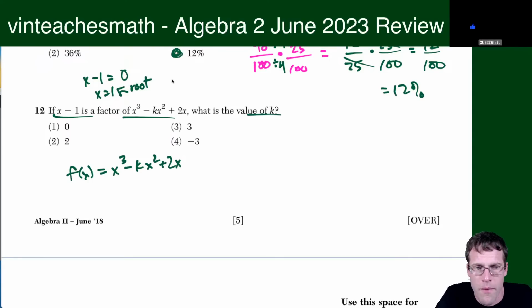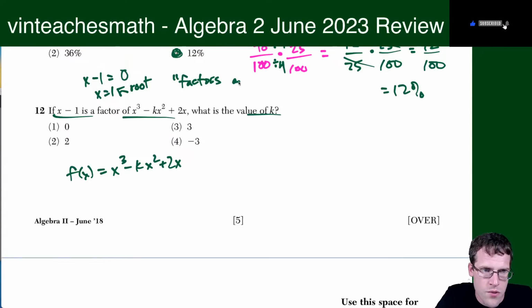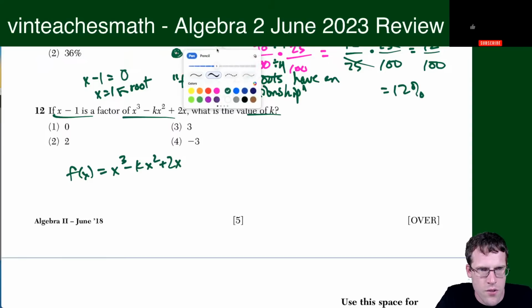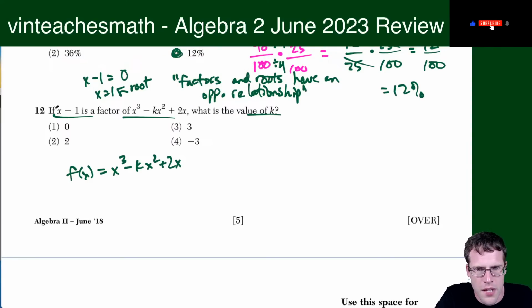Okay, this is from Algebra 1. But factors and roots have an opposite relationship. They are opposites. So I use that idea for questions like this. If x equals 1 is a root, then f of 1 is going to be equal to 0.